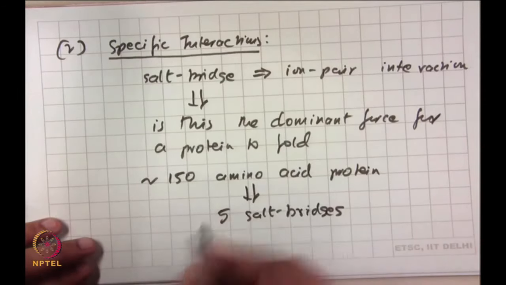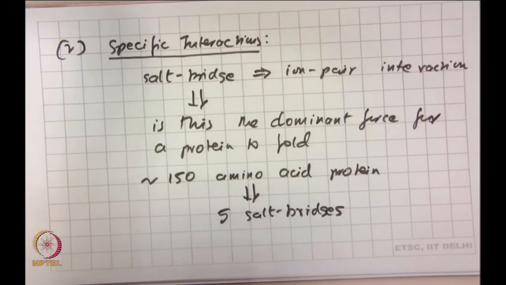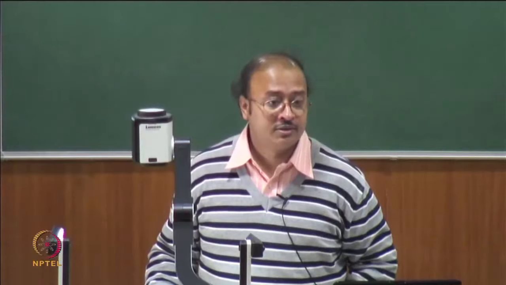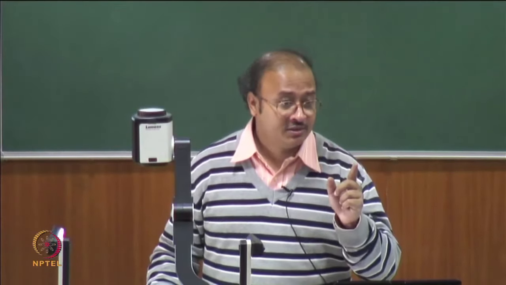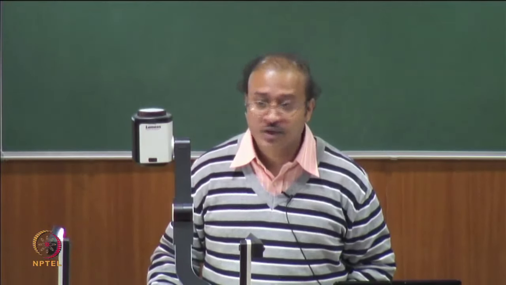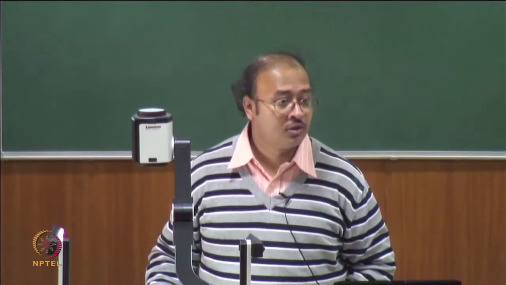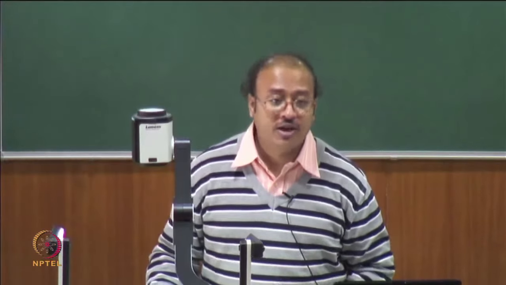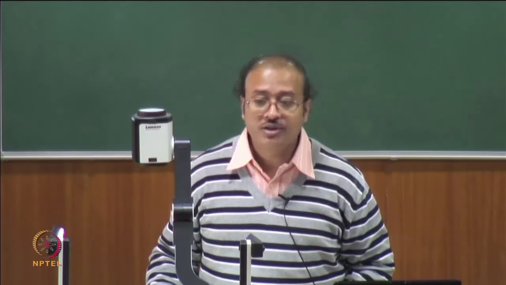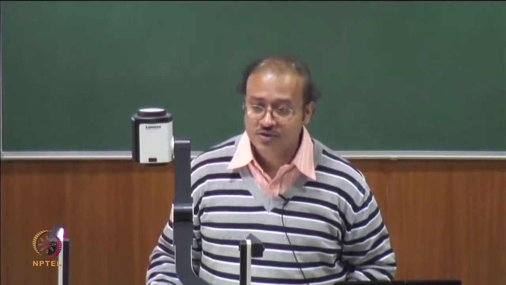In the 150 amino acid protein, they had 5 salt bridges. 5 salt bridges means out of 150 amino acids, only 10 amino acids are actually involved in forming the salt bridges or ion pair interaction. The rest 140 are not. Hence, in terms of the number of amino acids involved in these interactions, don't you think it is too small to become the most dominant force?